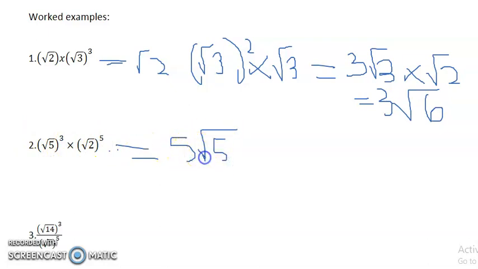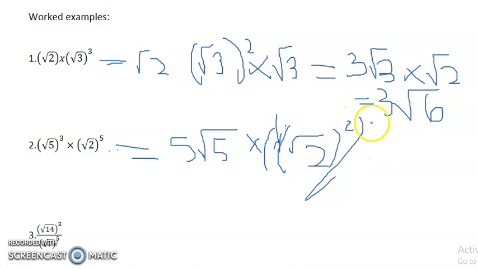Now, the root of 2 raised to the power 5, we can simplify it to be the root of 2 all to the power 2 and multiply another the same thing like this. So the answer you get here, you square it and multiply it by 2. You multiply your answer by another root of 2.